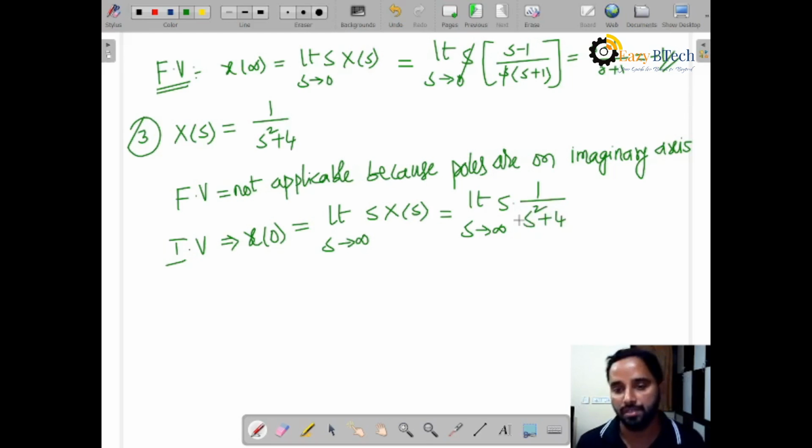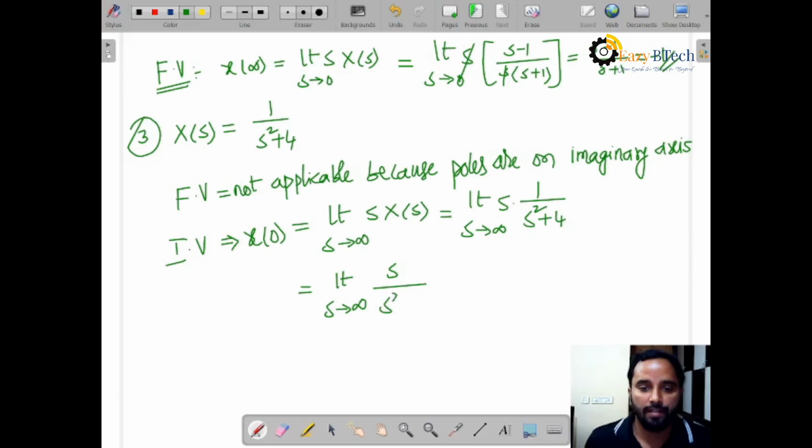Here if you apply the limit s tends to infinity, it is infinity by infinity, undefined. So what do you do? Take s square common from the denominator. So s by s square, then 1 plus 4 by s square. Here one s is cancelled.